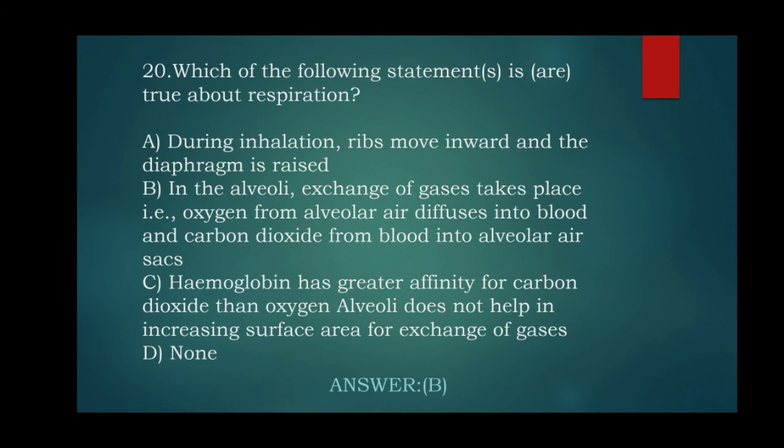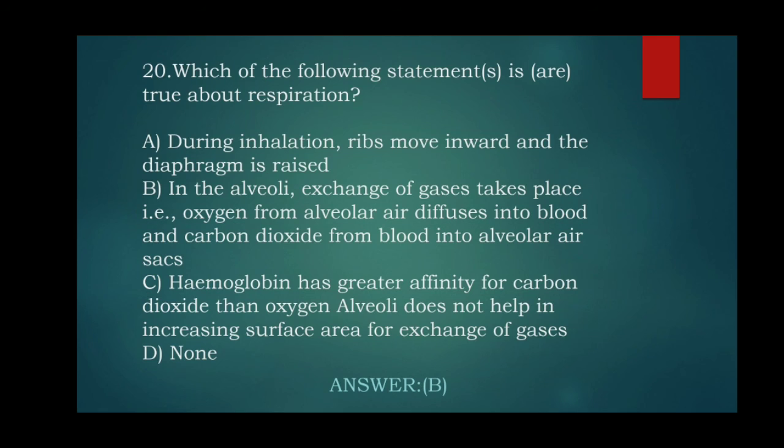The next question. Which of the following statements is true about respiration? Options: A, during inhalation, ribs move inward and the diaphragm is raised. Option B, in the alveoli, exchange of gases takes place. That is, oxygen from alveolar air diffuses into blood and carbon dioxide from blood into alveolar air sacs.